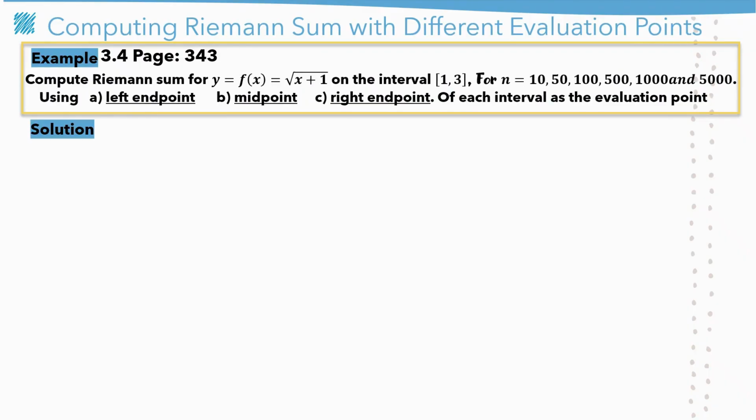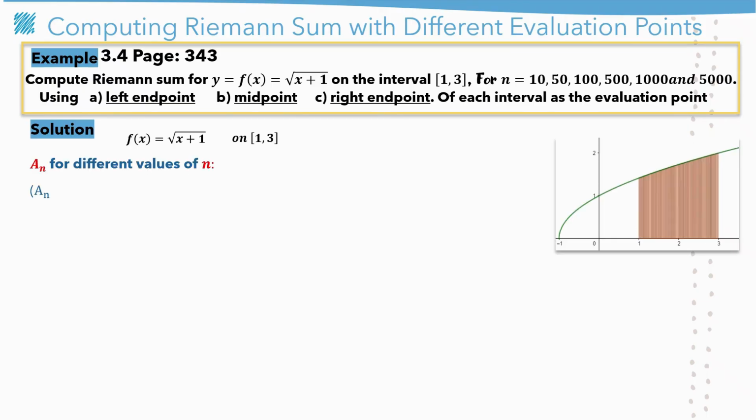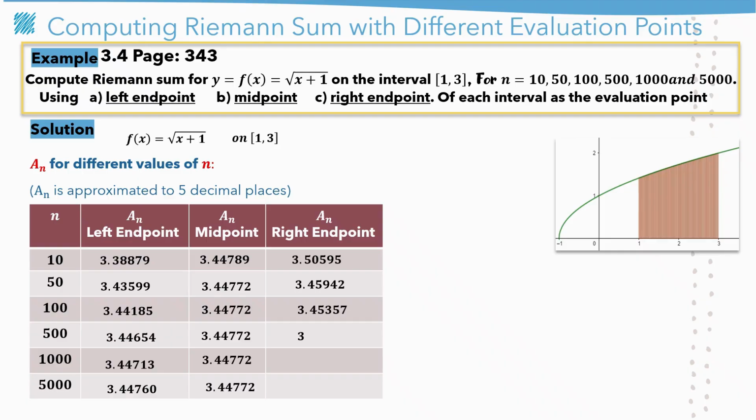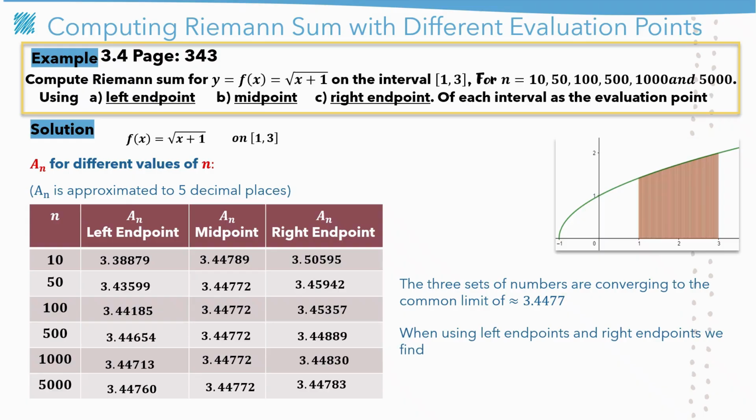So let me show you the table which I mentioned over here using all the listed values for left endpoint, midpoint and right endpoint. You can notice one common thing.